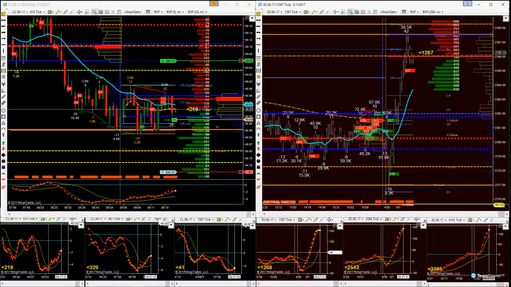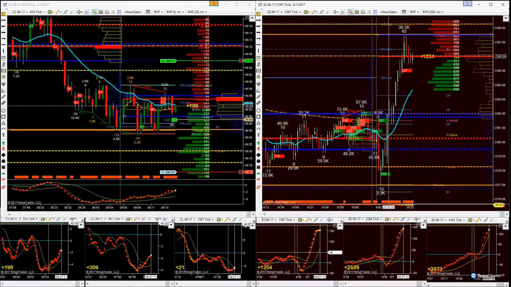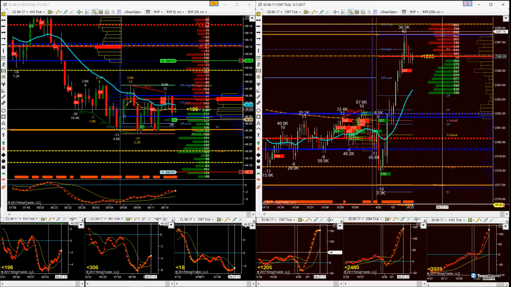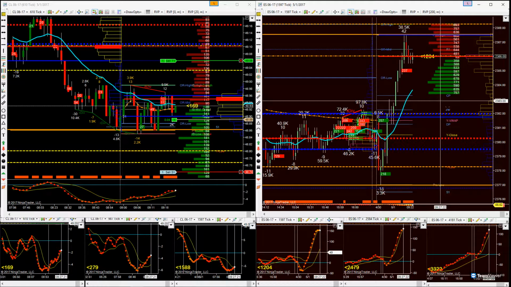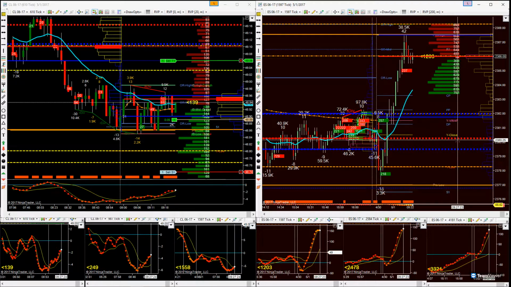All right, so we are opening inside Friday's range, as we talked about in the homework on the S&P. We are opening inside Friday's range, but outside of Friday's value. So we are still going to be watching for a test of the overnight high, a test of Friday's high as one thing to watch for. And if we get failure there, we're going to look to get short towards value area high, maybe even into VPOC and the close from Friday, yesterday's close.